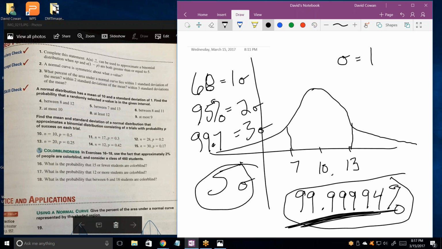Even if they took it to 6 standard deviations, even if you took it to 100 standard deviations, that's not going to be 100%. It's going to be 99.999999, however far it would go. We can tell that 3 standard deviations gives you a 99.7% certainty. 5 standard deviations is much stronger, but there's nothing that's 100%.